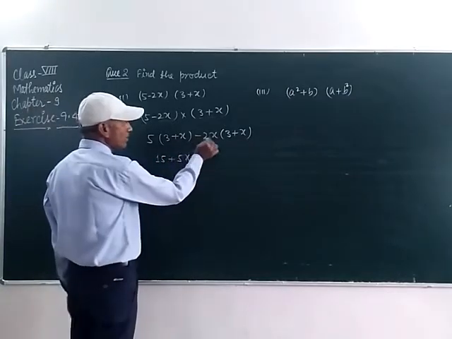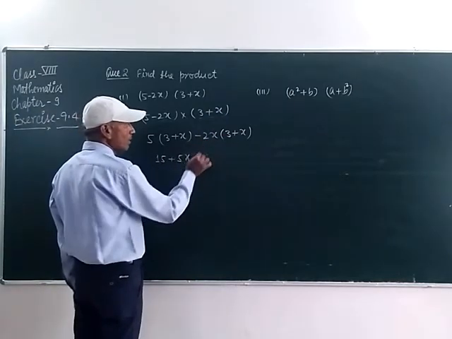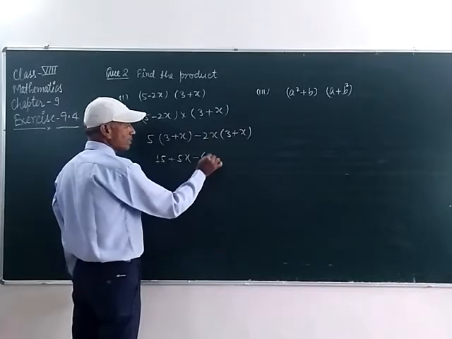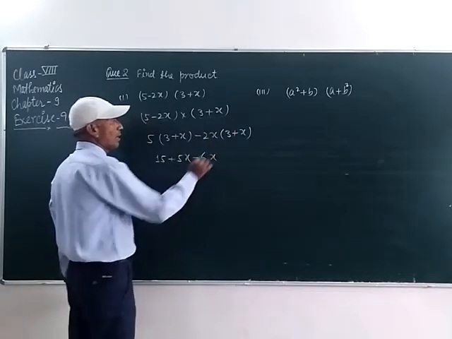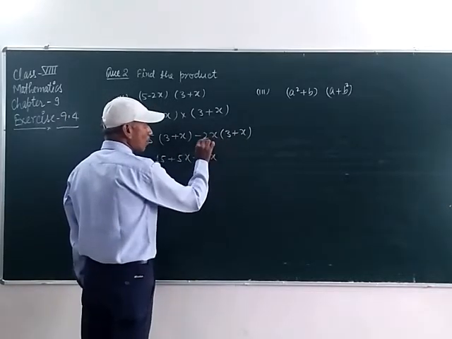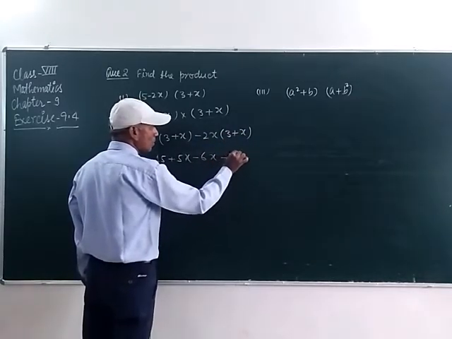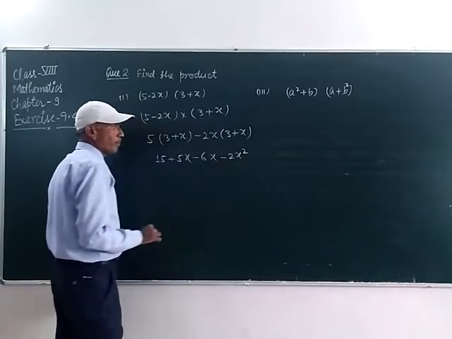And in this, student, minus 2x into 3, this one minus 6x. 2 threes are 6, minus 6x, and minus 2x into x, it will be minus 2x square.